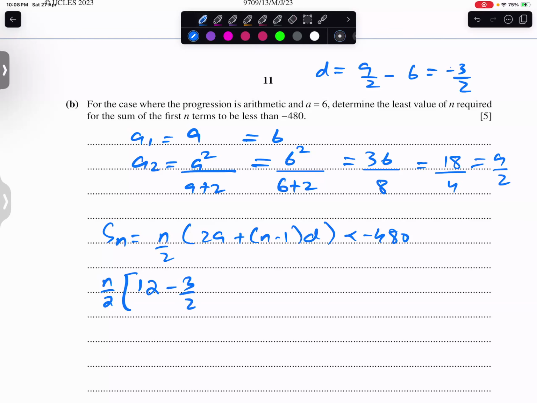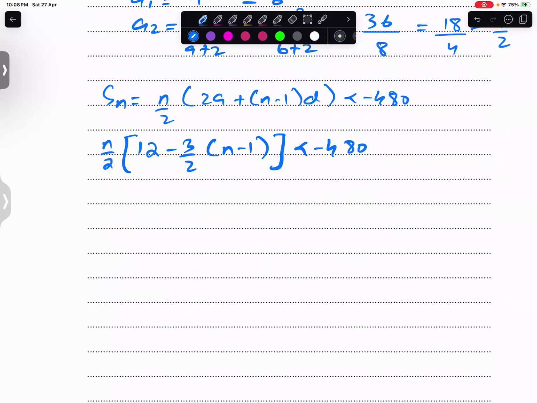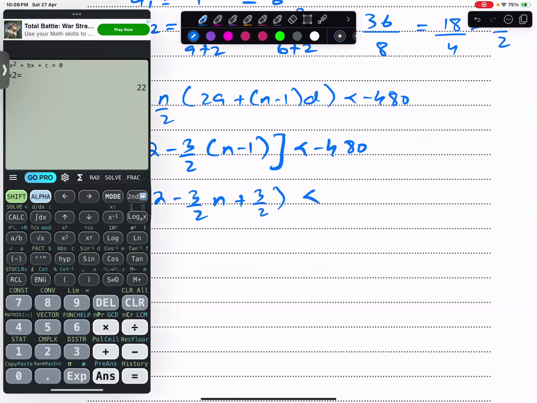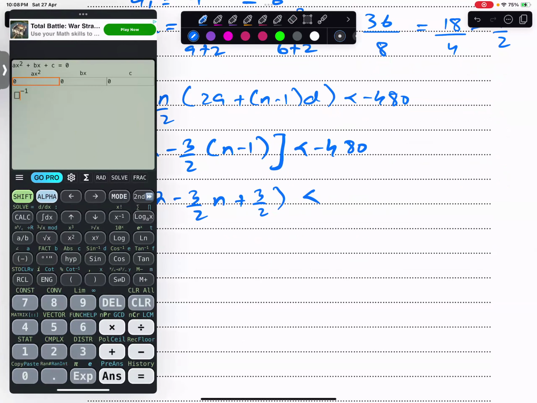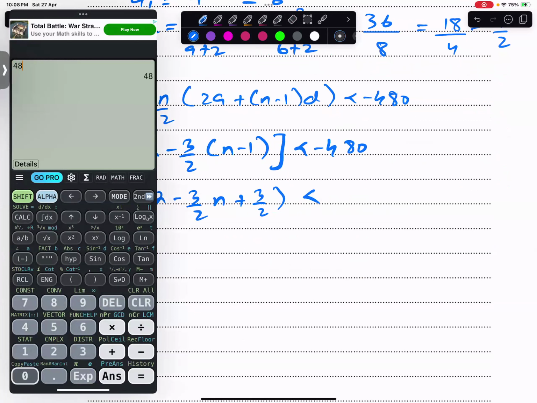So minus 3/2 into n minus 1, less than minus 480. So 12 minus 3/2 n plus 3/2 is less than minus 480 times 2, which will be 960.